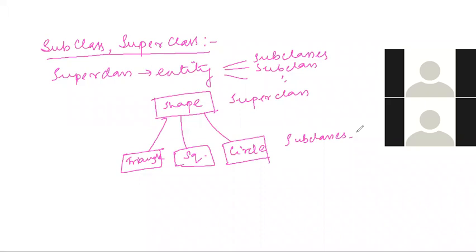For circle the radius will be equal, the diameter is some value. So all of these individual subclasses have unique characteristics or unique attributes of their own. But all these subclasses inherit certain properties and attributes from the superclass as well. That is, all of them have shape like this and so on.